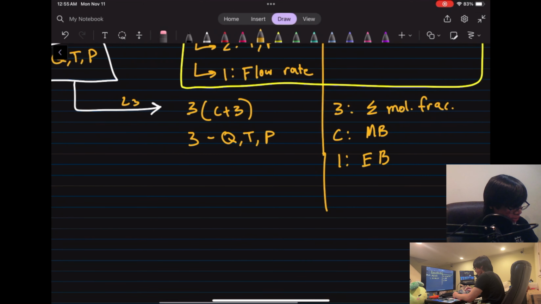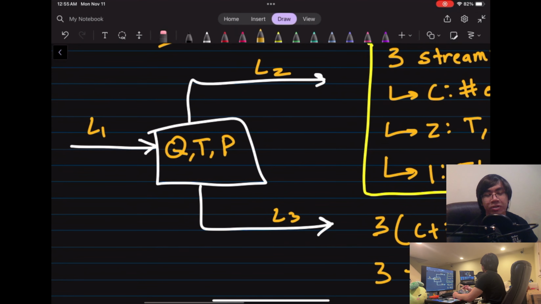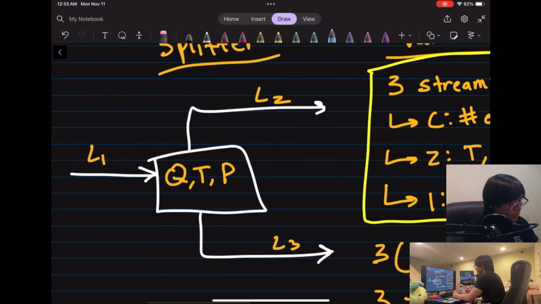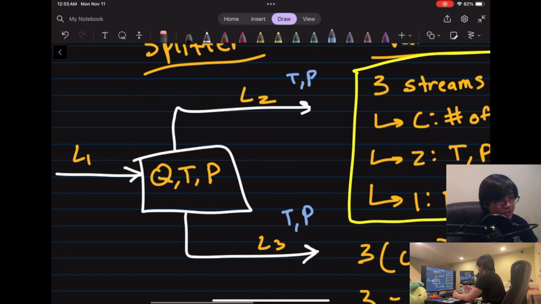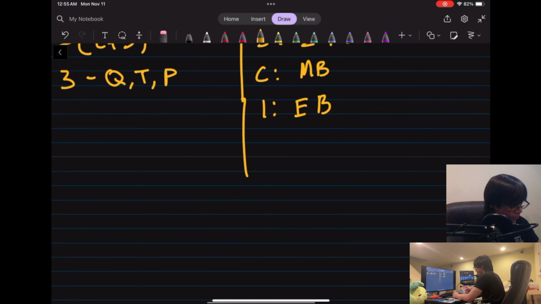And then for outlet stream, again, we have 2 streams going out, but the temperature and pressure, again, we said these were equal to the system. So we have a temperature and pressure associated with this stream and another with the bottom stream. So that's 2 unknowns per outlet stream, and that makes 2 times 2 is 4. So we have 4 of this temperature pressure equality.